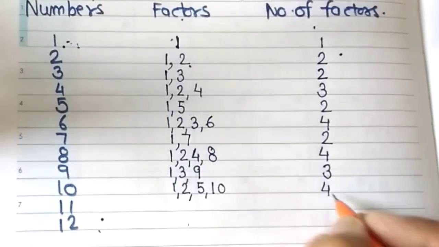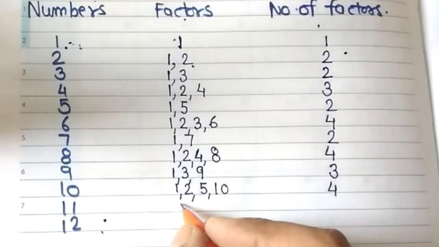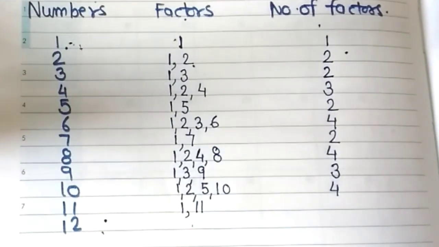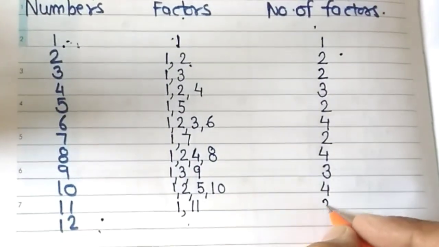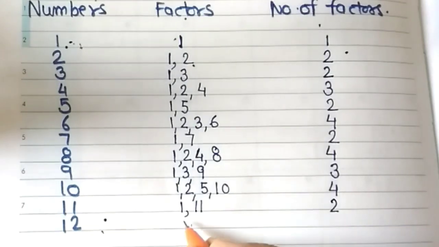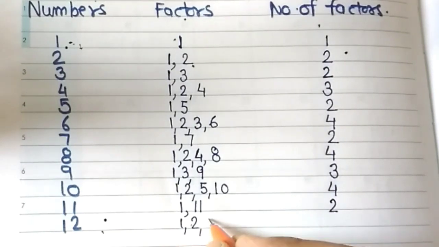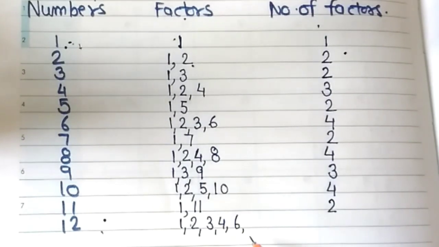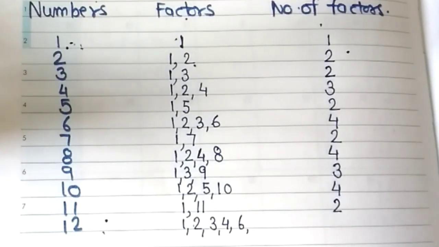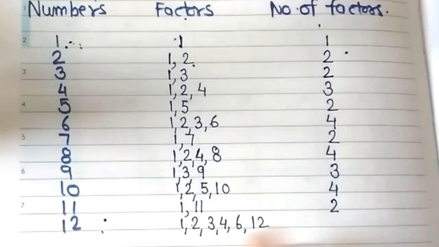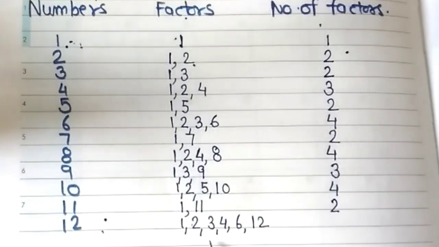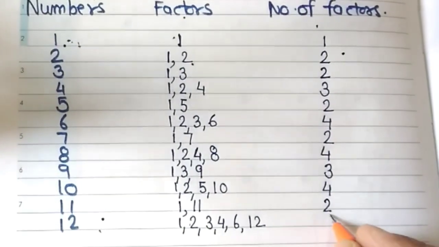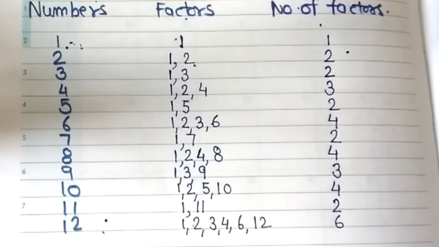So number of factors are 4. What about 11? 1 and 11 are the only factors. So number of factors are 2. What about 12? 1, 2, 3 is a factor, 4 is a factor, 5 is not a factor, 6 is a factor, 7, 8, 9, 10, 11 are not factors, and 12 is a factor. So the factors are 1, 2, 3, 4, 6, 12. Number of factors are 6.